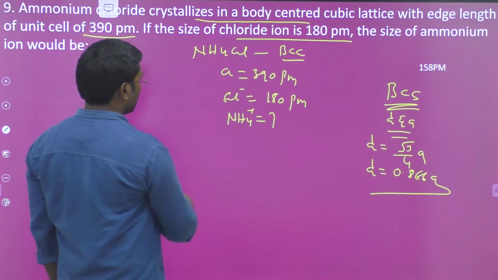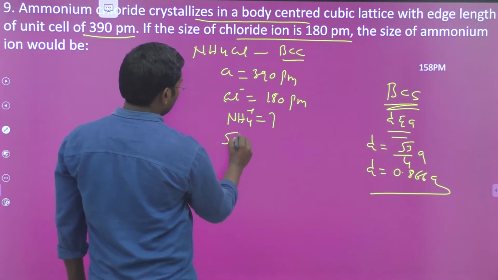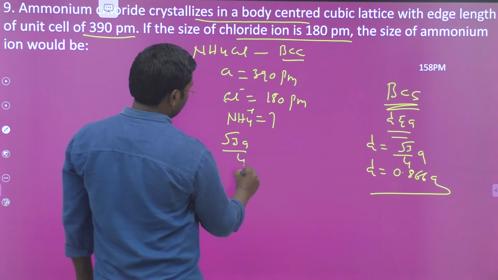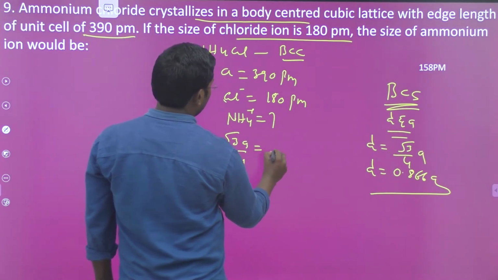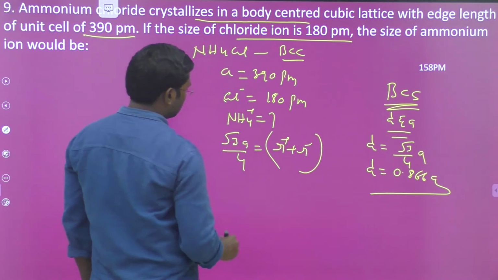Therefore the nearest neighboring distance, root 3A by 4, is equal to R plus and R minus.